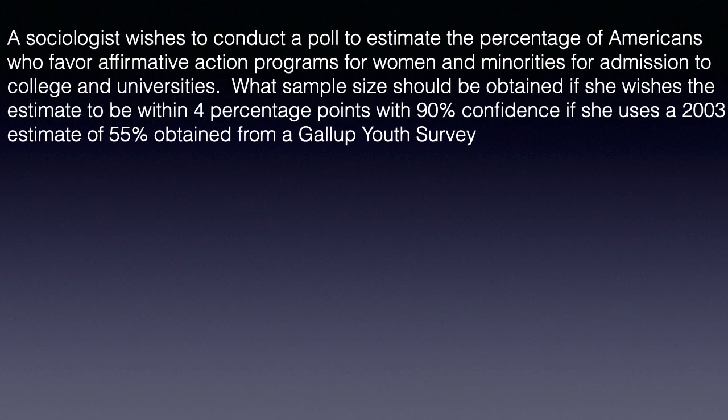In this case, we have some prior information on p hat based on a study that was done, in our case, 17 years ago. So knowing that information means that I'm going to use this formula.